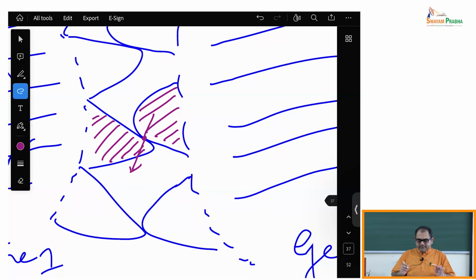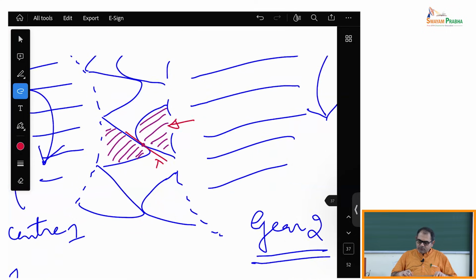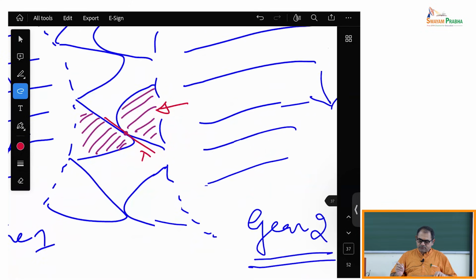In principle, the direction of the action need not be perpendicular to the tangent at the point of contact. So basically what I'm trying to say is that at this point of contact, you draw the tangent, and you look at the action with which the first gear, this tooth from gear, so in this case it's gear 2, is pushing down this tooth from gear 1.